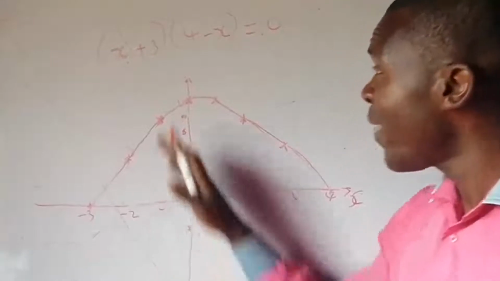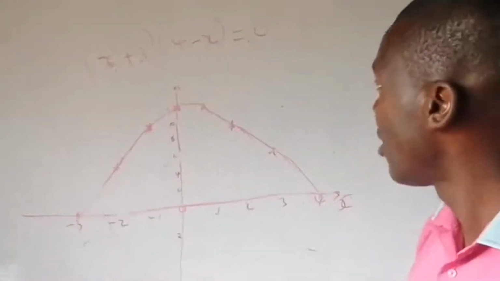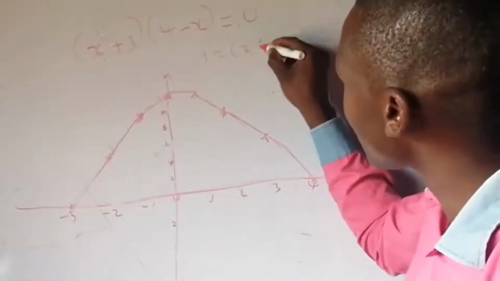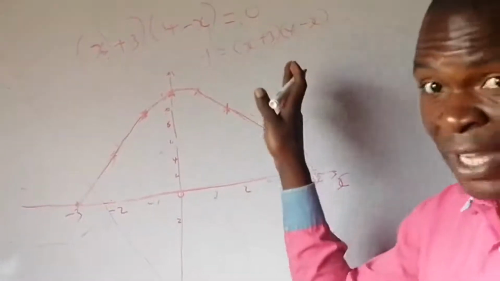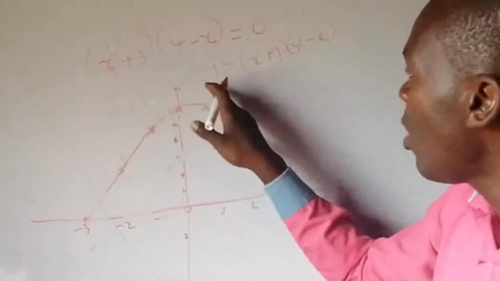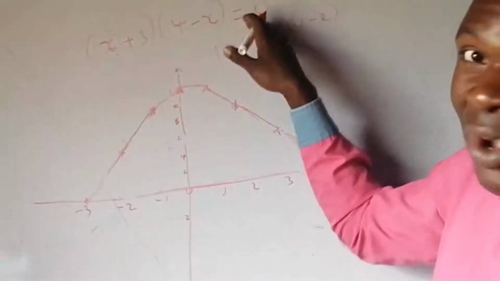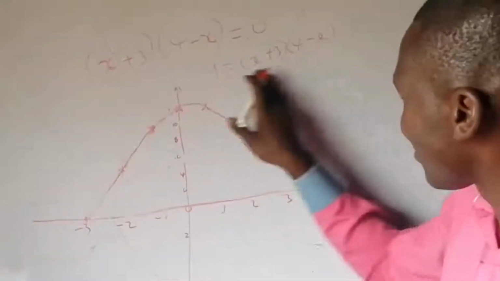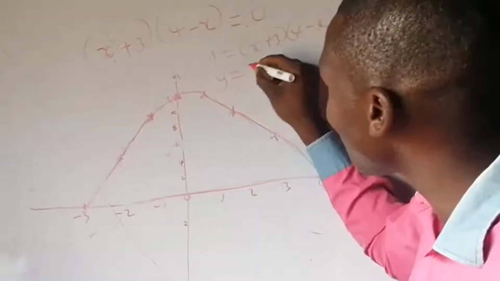To find this solution, we have to know something. The function is y is equal to (x plus 3)(4 minus x). Instead of remaining with y, here we have 0. So, in other words, this curve has been joined with the line y is equal to 0.